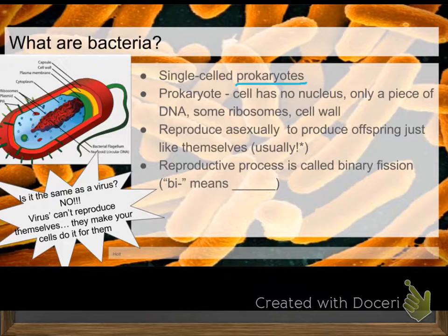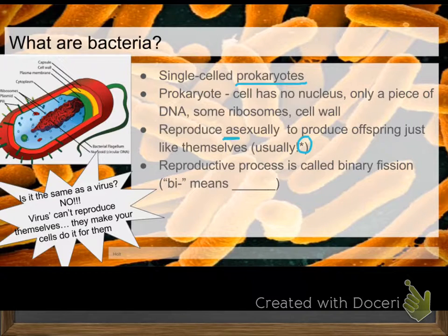A prokaryote, the cell has no nucleus, only a piece of DNA, some ribosomes, and a cell wall. They reproduce asexually, that's an A out in front of sexually, to produce offspring just like themselves, usually. There's an asterisk there.